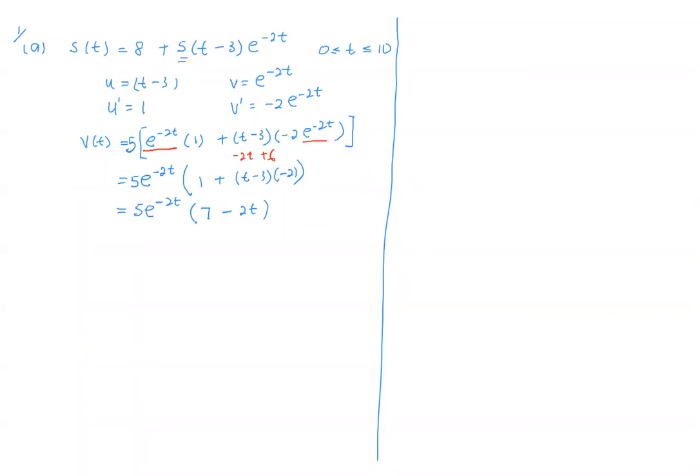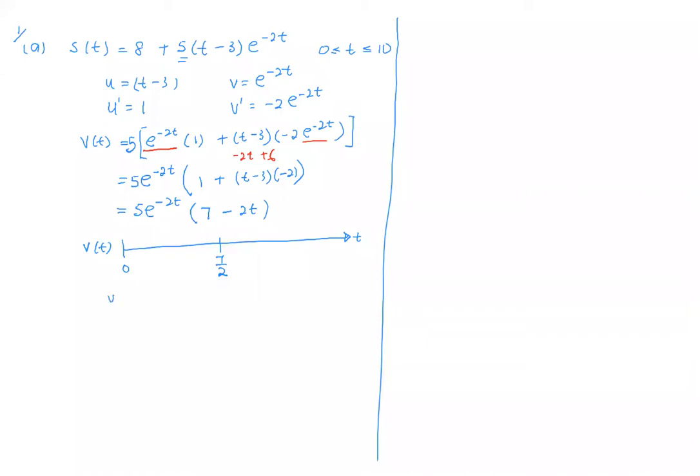Okay, after you got this, you have to draw the sign diagram. When you draw the sign diagram, you can get it with the help of your graphic calculator. So here will be 7 over 2. Do you know how I get 7 over 2? So what you need to do is put v(t) equal to 0.